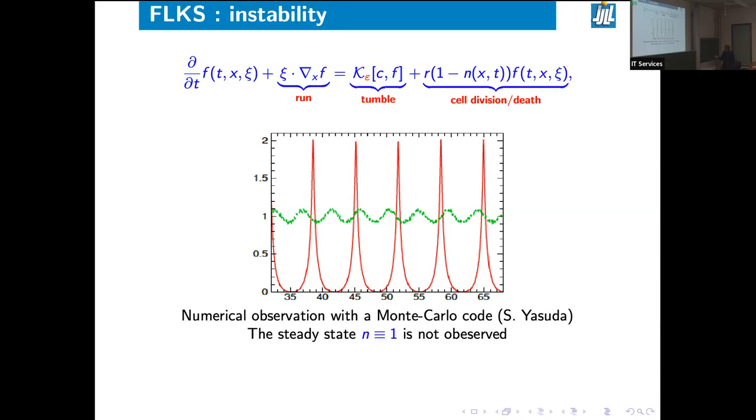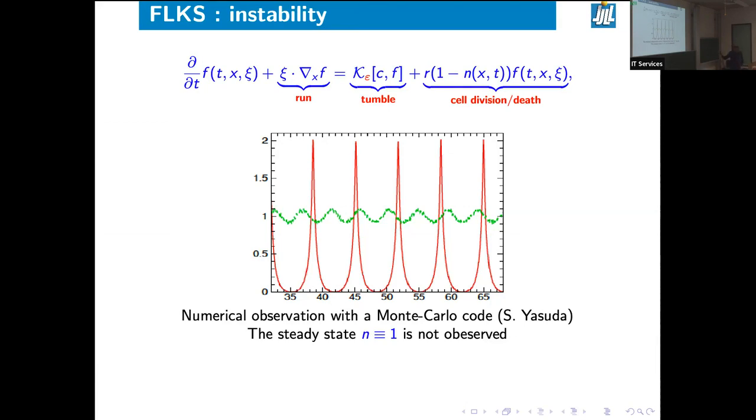At the beginning, of course, doing a Monte Carlo code, you see fluctuations. Okay, it's normal, there's nothing surprising. But at some point, he discovered that they are really too regular to be really random. And so he put a number of particles which is so big that no experiments in biology will do the same with the number of cells.